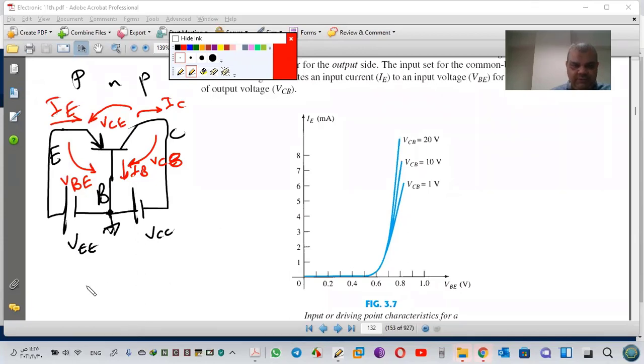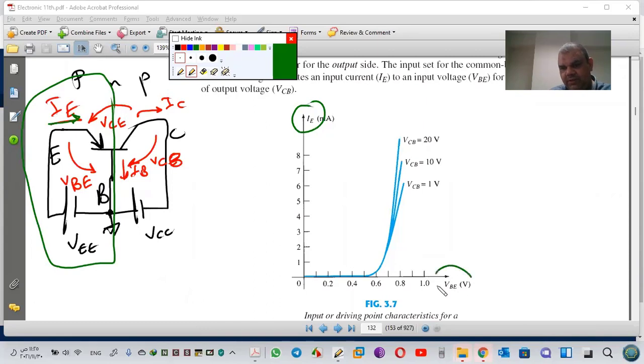I will draw it for you, it's important. Keep this for later, I will explain the voltage. Now, this is the input characteristic. It is IE with VBE.